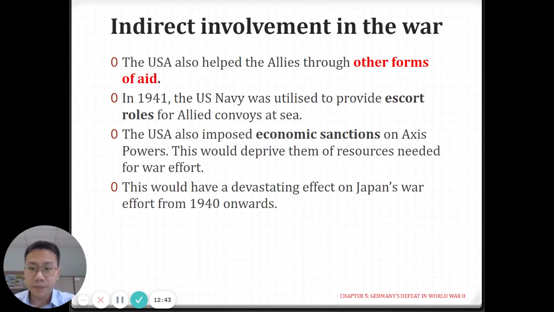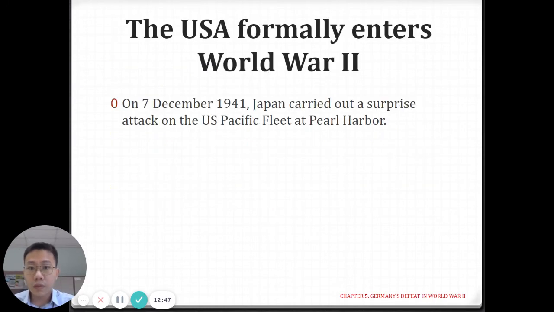Okay, so all that we have discussed up to this point is before USA formally enters the war. They did help out. They did play a role in enabling the Allies to survive until they formally entered the war.